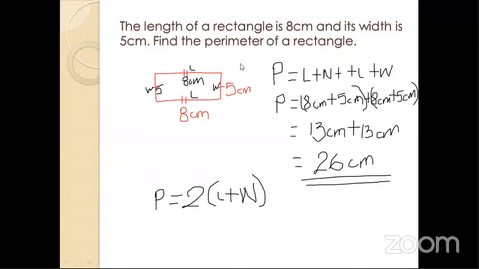Okay, so let's continue. If I say 2 into bracket, in our bracket we have length is 8 centimeters plus width is 5 centimeters.